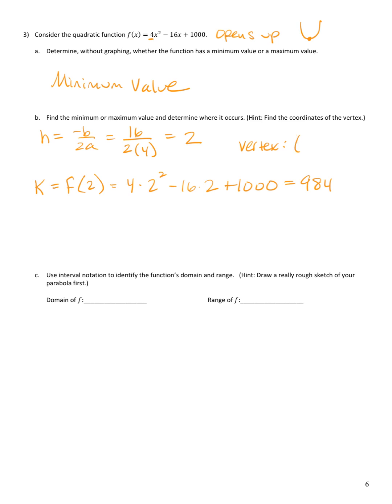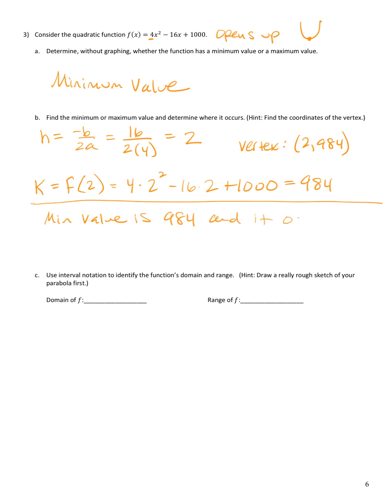Vertex 2, 984. That is the lowest point on the graph. That's the minimum. And then the 984, that's what measures high or low on a graph, the vertical position. So we call that the minimum value. So the minimum value is 984.